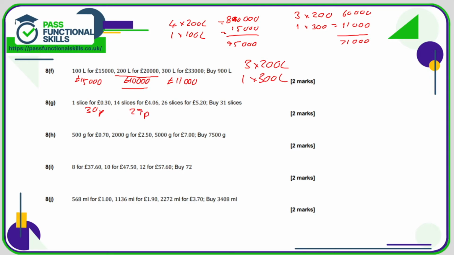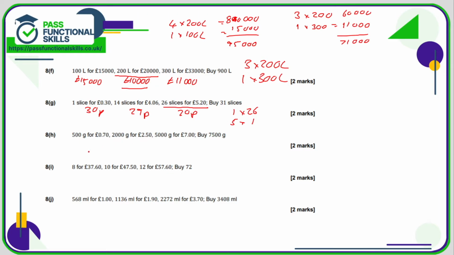And for the 26 slices for £5.20, that works out at 20p per slice. So this is the best offer. If we want to buy 31 slices, I'm going to buy 1 26 slice, and I'm not going to bother buying the 14 because that will take me over the top, and 5 lots of 1 slice.